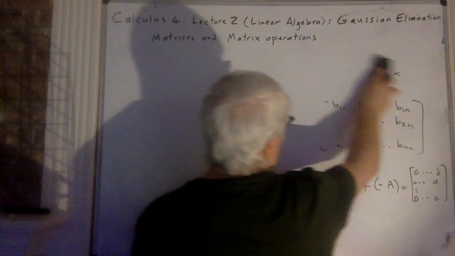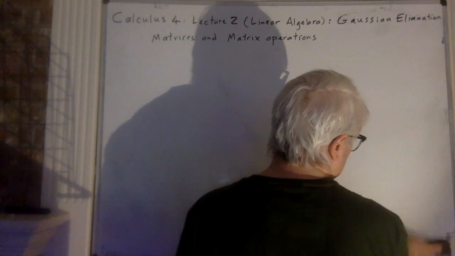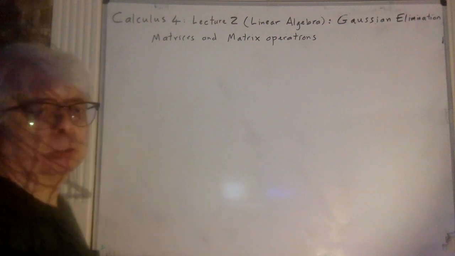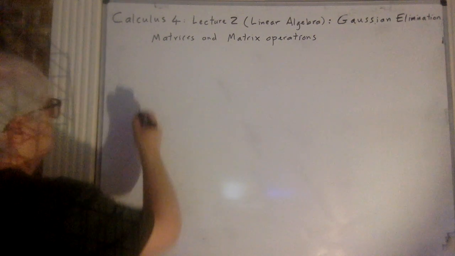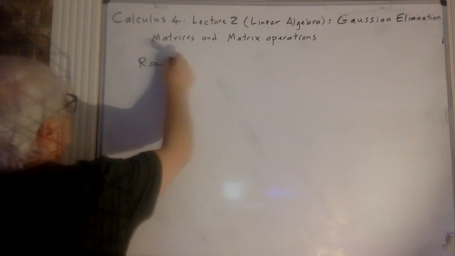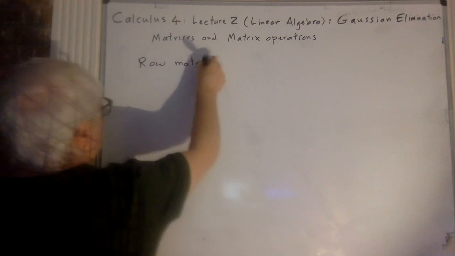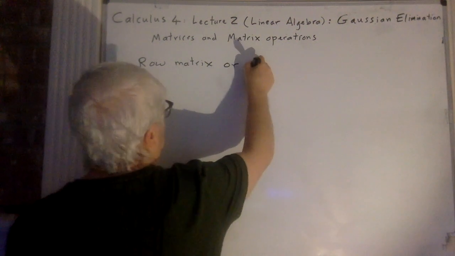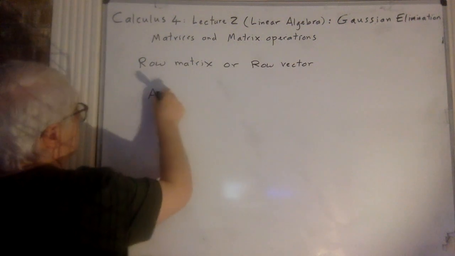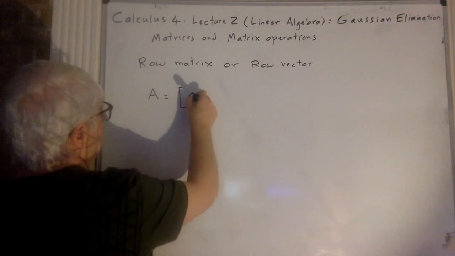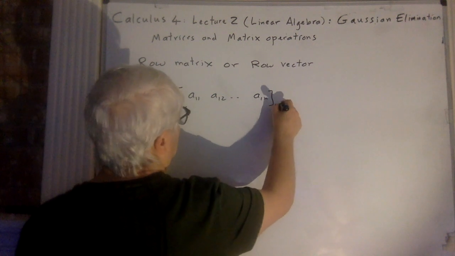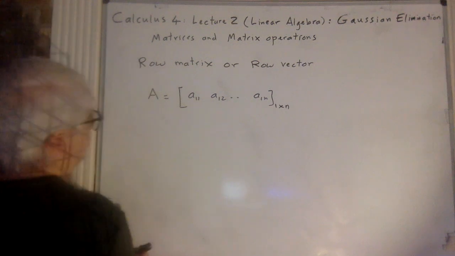You might say, so what happens to multiplication? So let me first introduce certain matrices that we will be using. So we have a row matrix, or row vector. A row matrix is like this: A11, A12, up to A1n. So it is 1 by n.